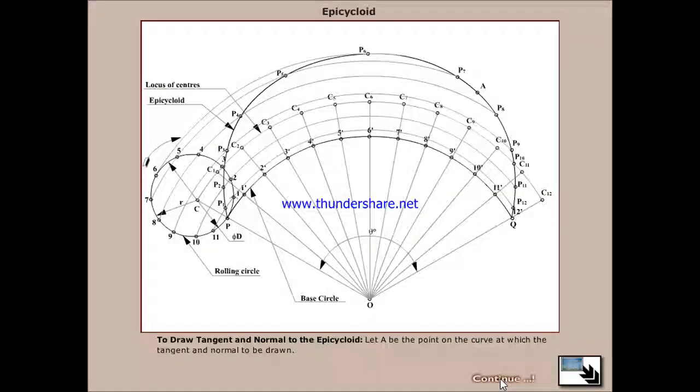Now draw a tangent and normal to the epicycloid. Let A be the point on the curve at which the tangent and normal are to be drawn.